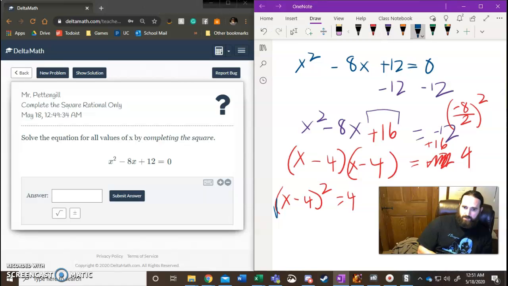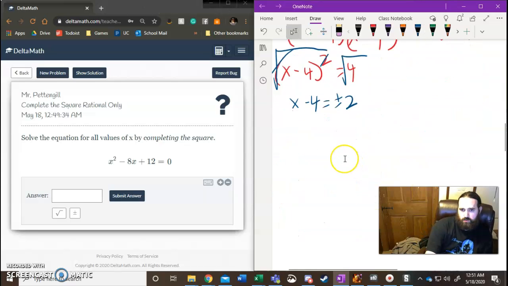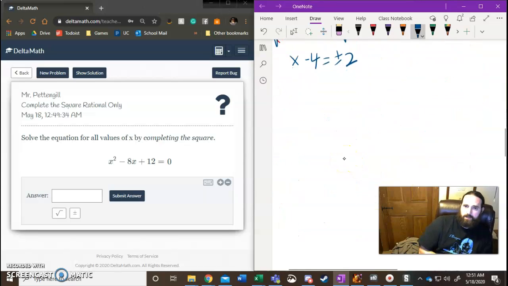I want to get rid of that exponent, so I square root both sides, and I get x minus 4 equals plus or minus 2. Scrolling down. So x minus 4 equals 2. x minus 4 equals negative 2.